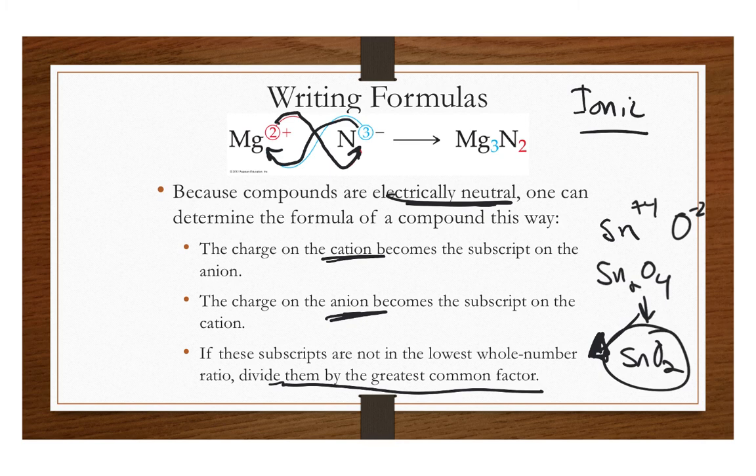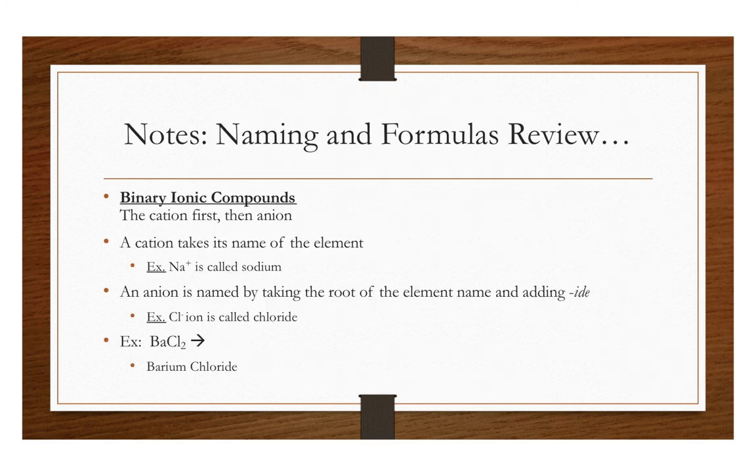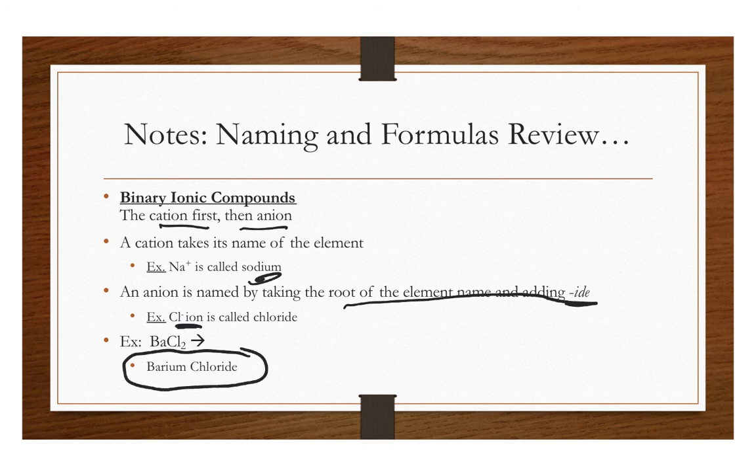All right, in terms of naming these, we name the cation first, then the anion. So the cation takes the name of its element, so Na+ is sodium. The anion is named by taking the root of the element name and ending "ide." Cl- becomes chloride, so BaCl2 becomes barium chloride.